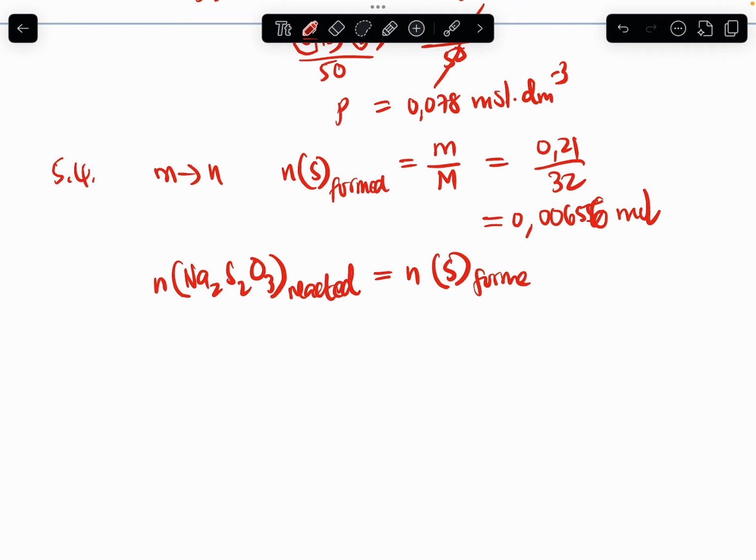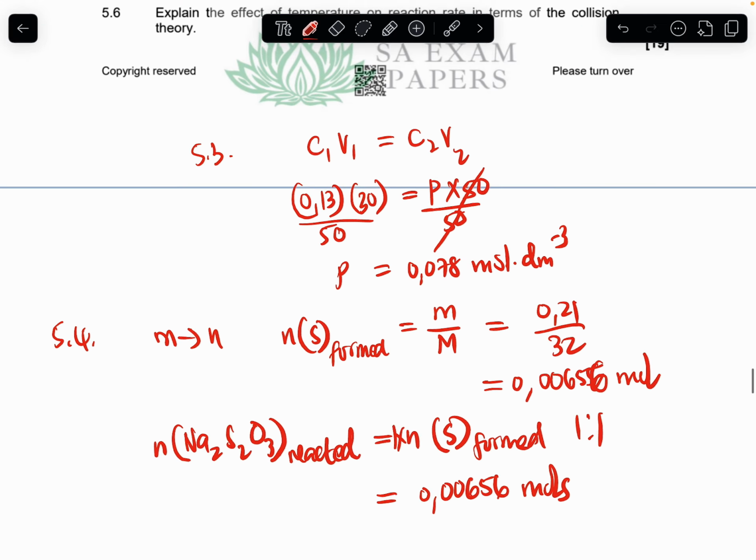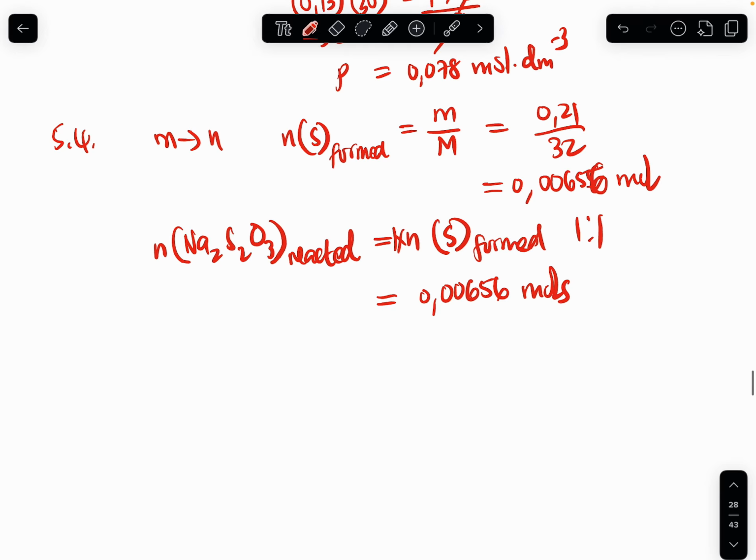So the ratio is 1:1, so it's going to be 0.00656 moles, right?